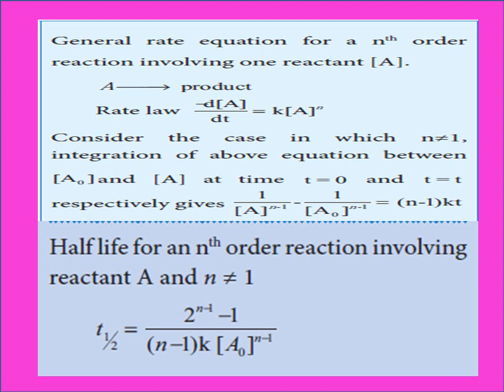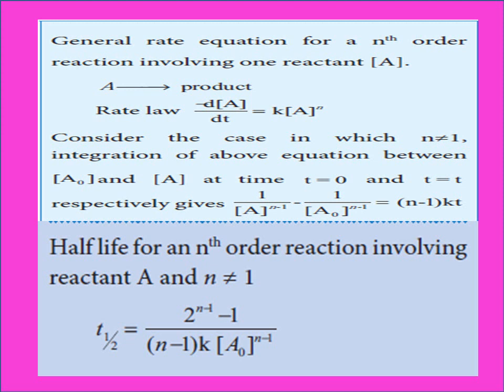In such a case, we can use the equation 1 by A to the power n minus 1 minus 1 by A naught to the power n minus 1 is equal to n minus 1 into kt. This equation can be used for any order of the reaction, provided n value should not be equal to 1. You can apply this for second order, third order, any order.